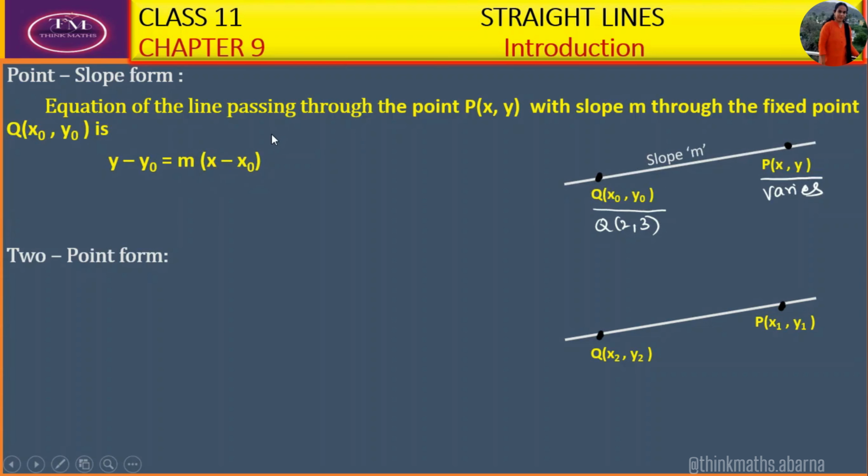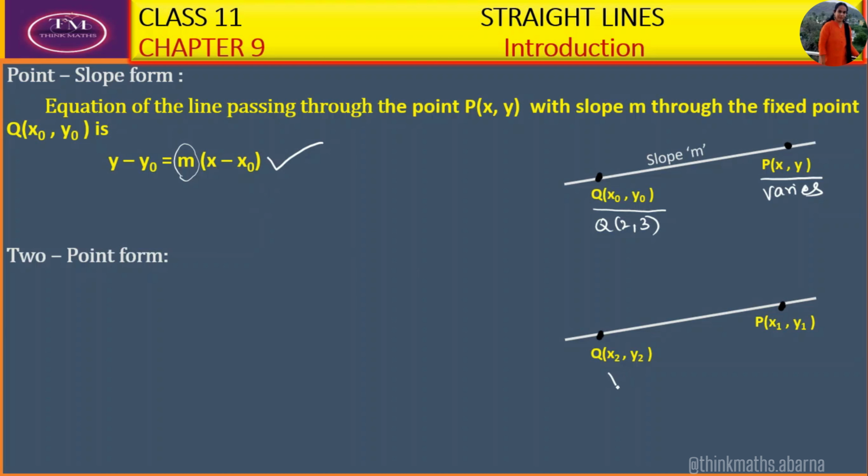So this is the equation of the line passing through the point P of x comma y with the slope m through the fixed point Q of x naught comma y naught. So this Q is constant and this P varies. If it is so, this is the equation of the line, and this is the slope of the line. If you know the slope, you can find out the equation of the line.